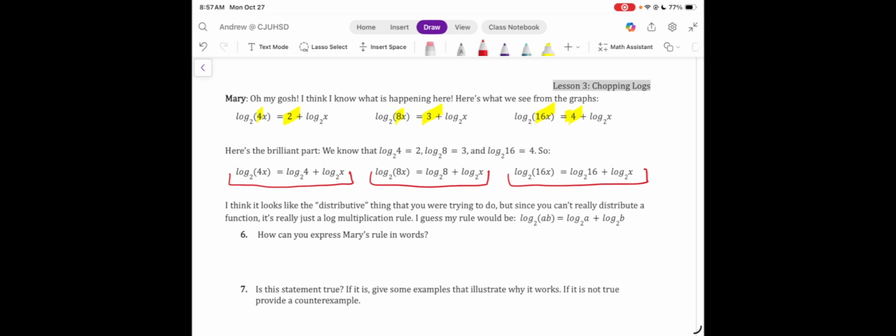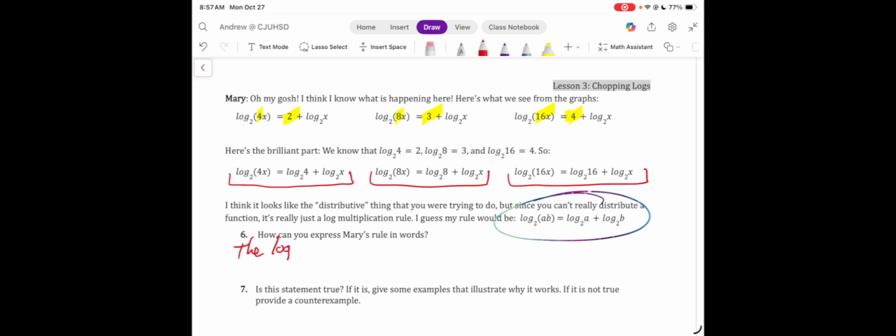But since you can't really distribute a function, it's really just a log multiplication rule. I guess my rule would be, and there it is. That's the whole point of what we've been doing here, is right here. How can we express Mary's rule in words? So it would be something like this.